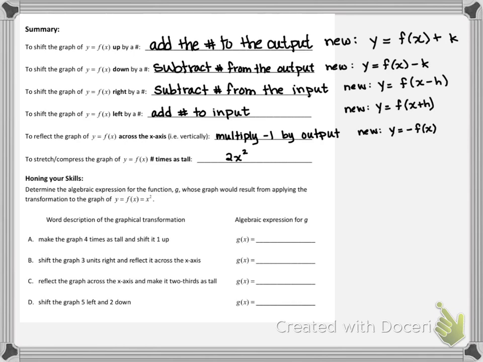And so we are multiplying after squaring, so we're affecting the output. So multiply by a constant. A constant's just like a number. So by the output.